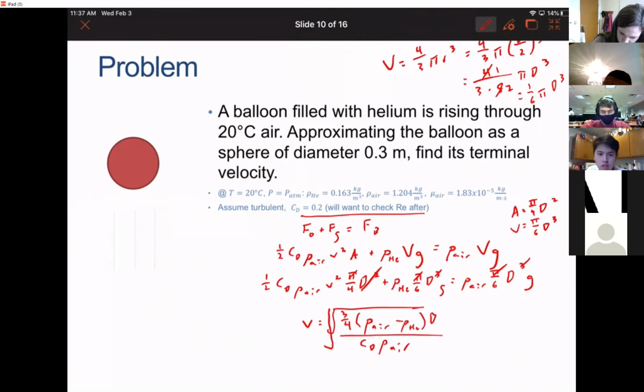Shouldn't there be a G after the D? Yes, thank you. Okay, awesome. I'm wrong, it looks like. So you plug in that, and I don't remember what number I got when I plugged things in here.